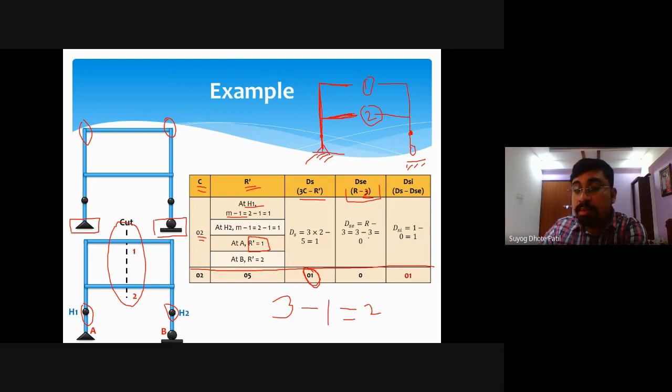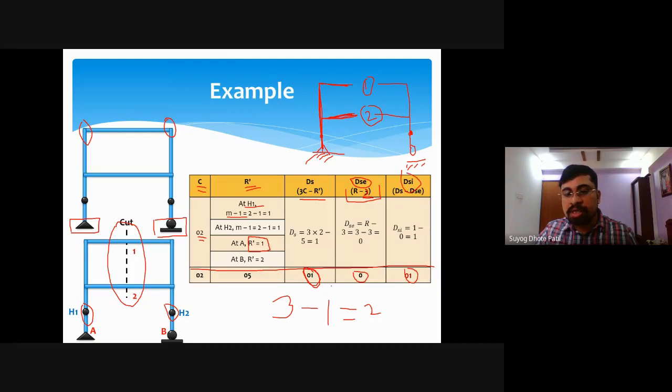So 3 minus 3 is 0, which means externally it is determinate. Externally there is no problem. Internally, DS minus DAC is 1 minus 0, which is 1. This means internally it is indeterminate, or we can say internally it is unstable. We have seen that though it is externally stable or determinate, internally it is indeterminate.